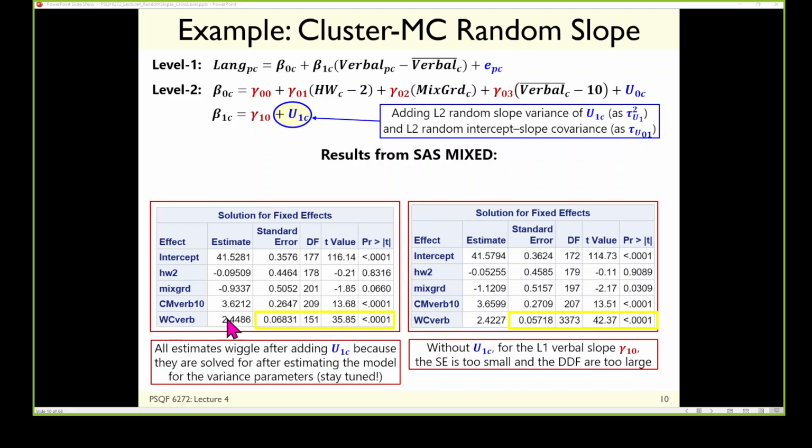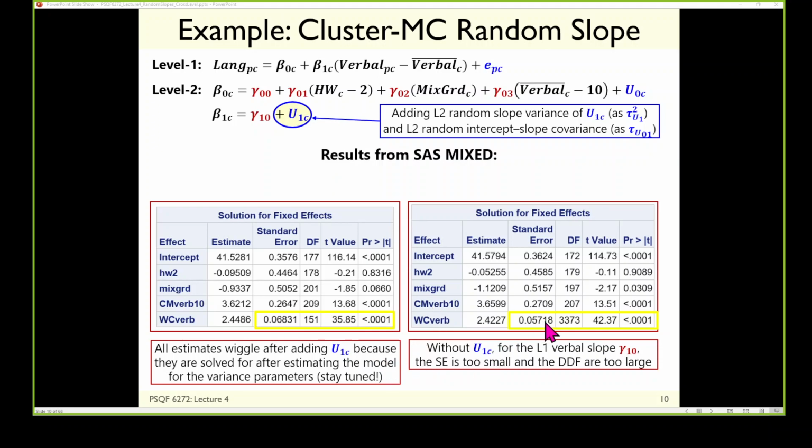The reason why these numbers differ is because the latter, the random side, that one, is just pooling all the data, whereas once you add the random slope, then it's the mean of the slopes. So it's the same issue with the intercept, how it became the mean of the cluster means. This is the mean of the slopes, rather than just one giant slope operating through all the data pooled together.